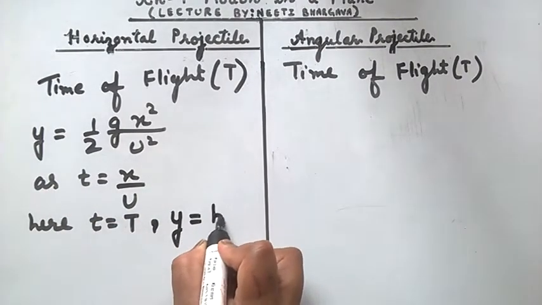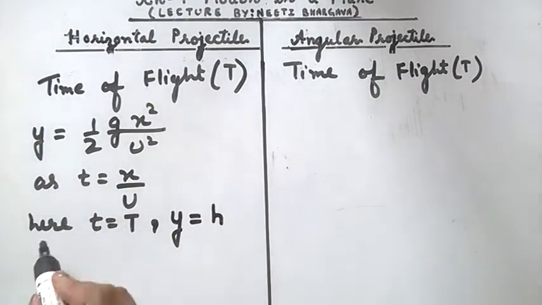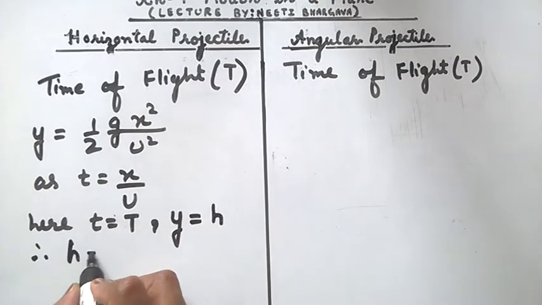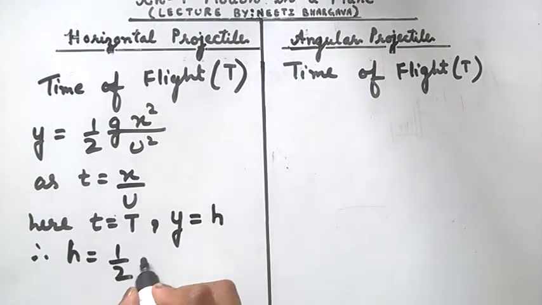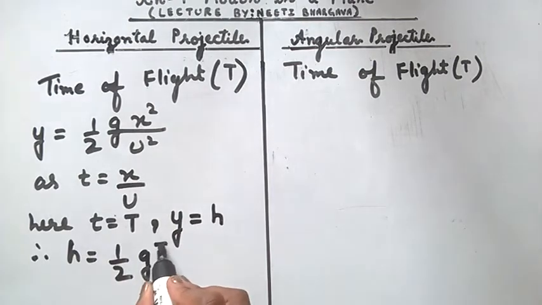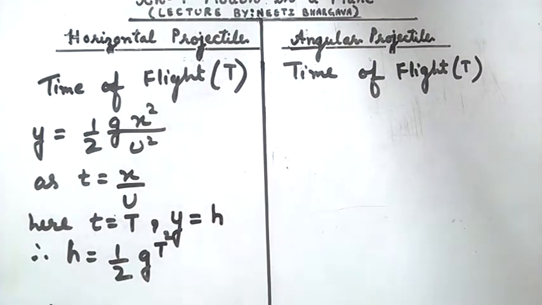Therefore, we can write h is equivalent to half g capital T square, or T is equal to root 2h by g.